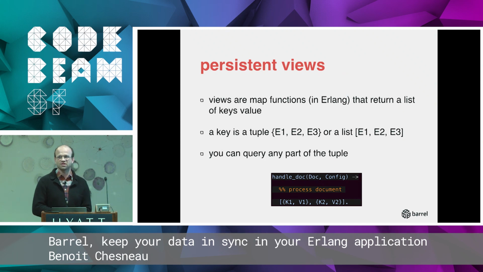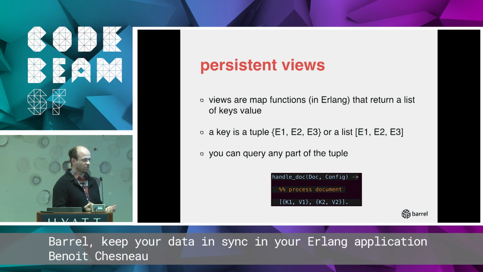Maybe some of you know CouchDB, and you have the views that are mostly map reduce functions. I reproduced that in Barrel, which is normal because Barrel started a very long time ago as a fork of CouchDB before being rewritten from scratch. So views are map functions in Erlang that return a list of key values, which is different from CouchDB.